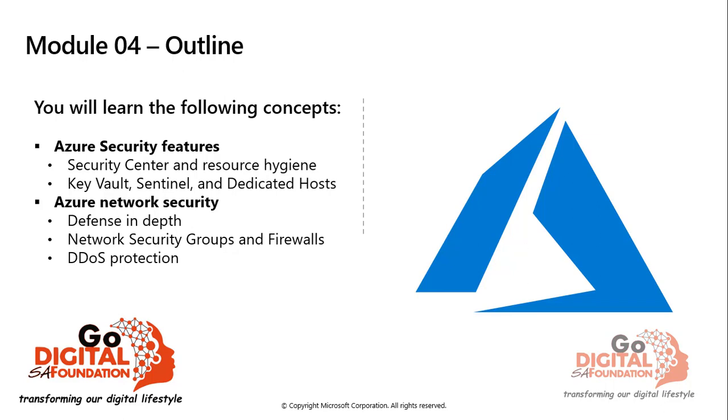Just like us as human beings, we need to take care of our hygiene, it's similar when it comes to resources, so you can be protected and increase the security for your resources. And then we're gonna learn about Key Vaults. Just like you might have a vault in your house where you keep your stash of money, where you hide your stuff, the same thing applies to Key Vaults, where you hide the keys for your organization.